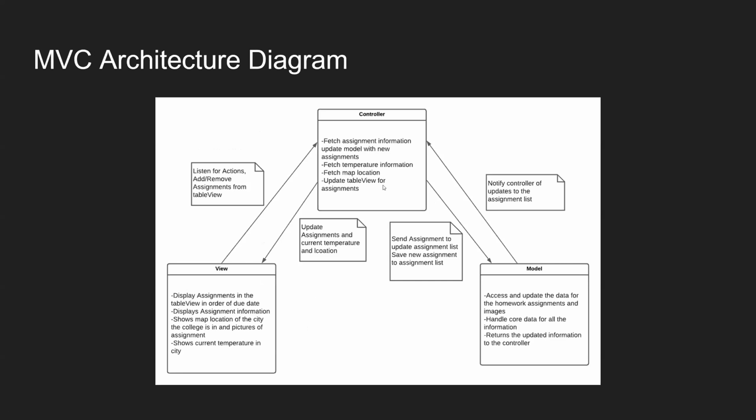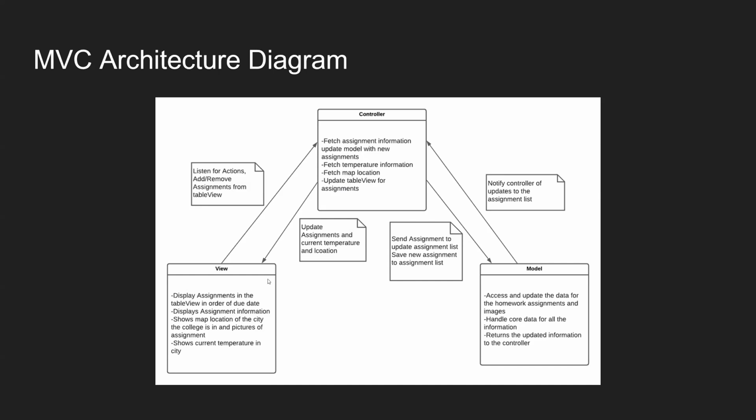So this is my MVC architecture diagram. You can see the controller up here, and what the controller is doing is fetching assignment information to update the model with new assignments. It also fetches temperature information from the API. It fetches the map location and updates the table view for assignments.